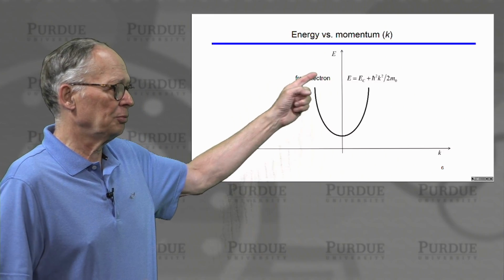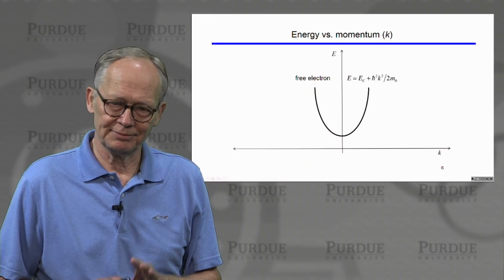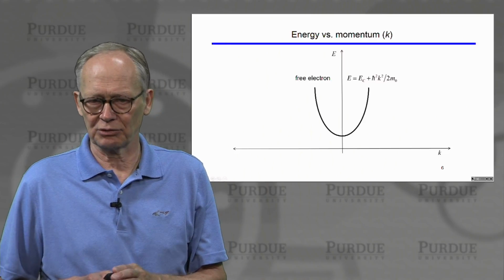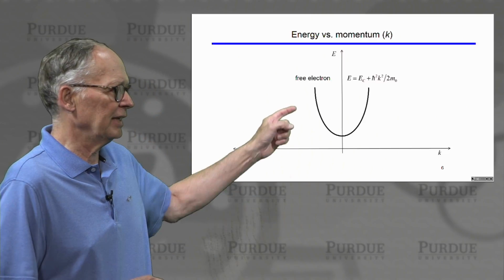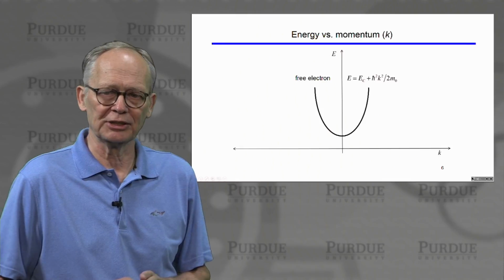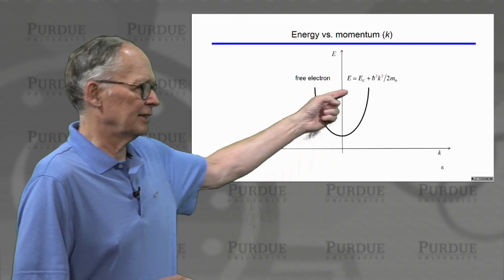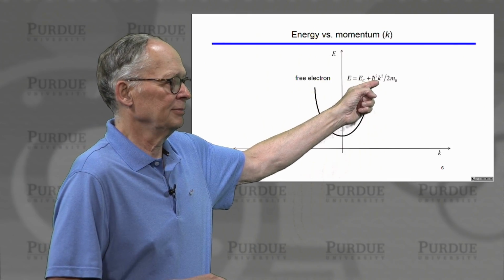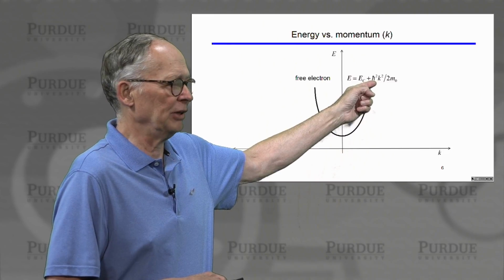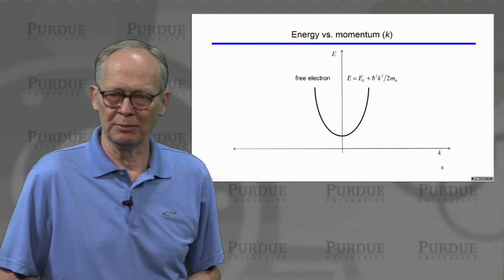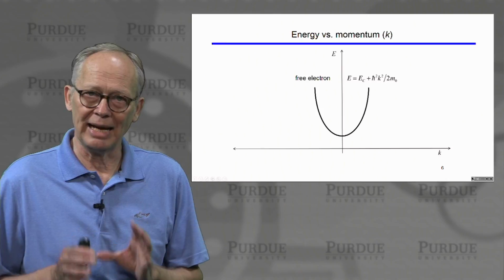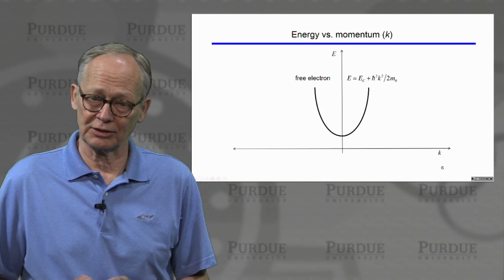The energy versus momentum relation is an important relation for electrons in semiconductors. We've seen that for free electrons, the energy is p squared over 2m. It's just potential energy plus h bar k is momentum, so this is p squared over 2m. m is the mass of the electron, the rest mass of electrons.